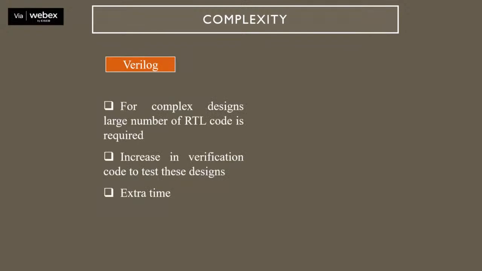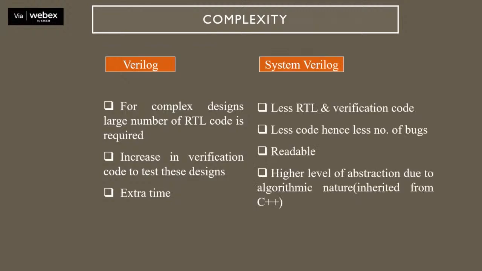When it comes to complexity, if you compare based on design structure, your Verilog design is slightly simple when the design is small, but when you go for a complex design, you need a large amount of RTL code, which will increase the verification process.